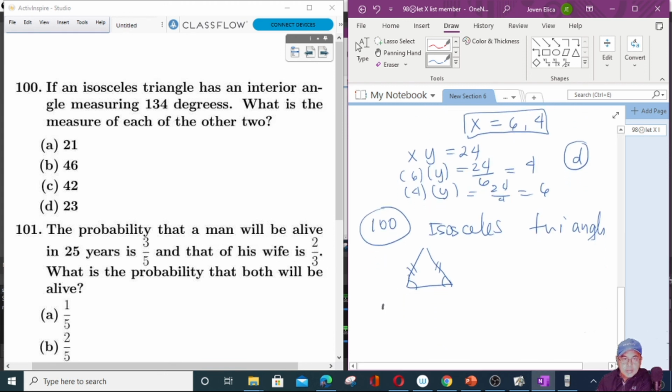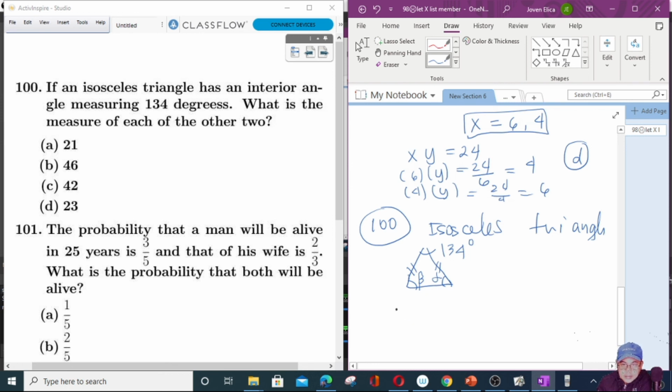Now the interior angle, the other angle that is given, is equal to 134 degrees. So what is the measure of each of the other two angles? We are asked to find these two angles. Let's say this is beta and this is alpha. What are these two angles?